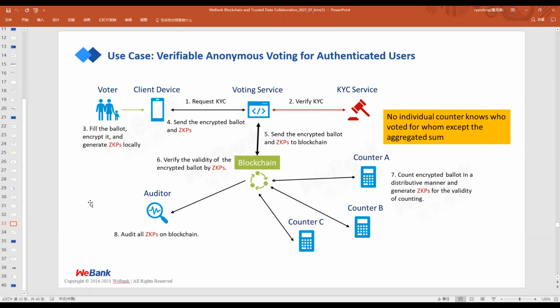You can verify the whole process is correct. All the ballots voted by the voters have been correctly aggregated into the final result, and each counter did their counting honestly. Because all the processes have been kept in ZKP, they can be verified without revealing the secret data. This is a very interesting application.